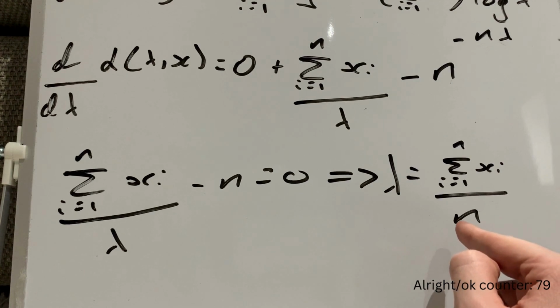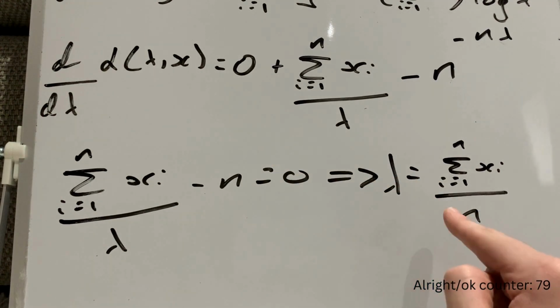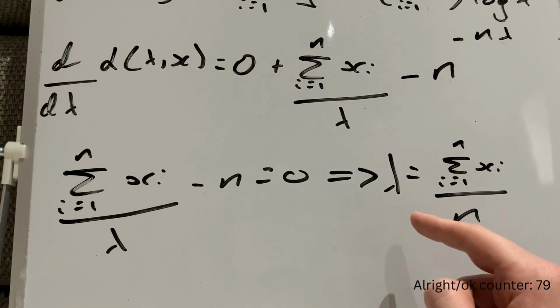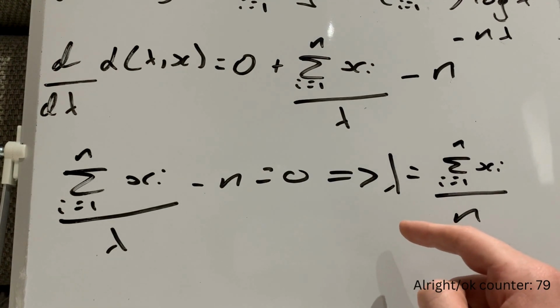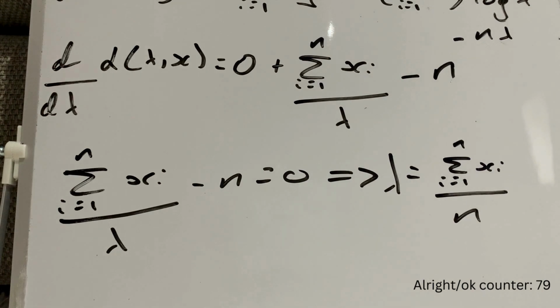You add n to both sides, multiply by lambda, and then divide through by n. That's pretty intuitive. To maximize our value, we sum up the data points and then divide by n. But we kind of already knew that.